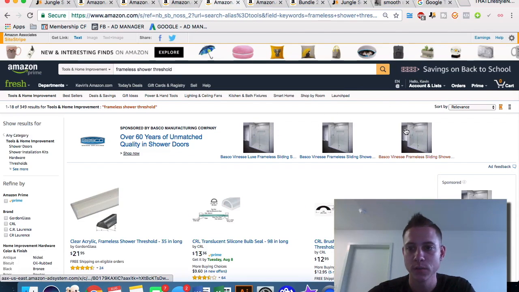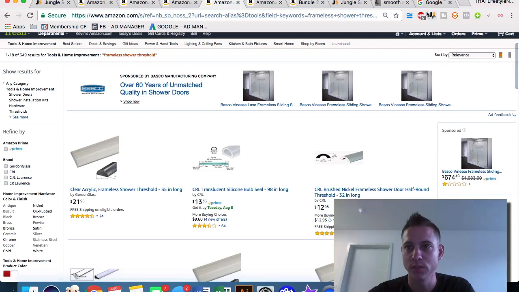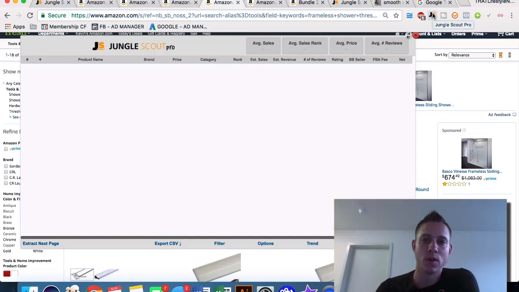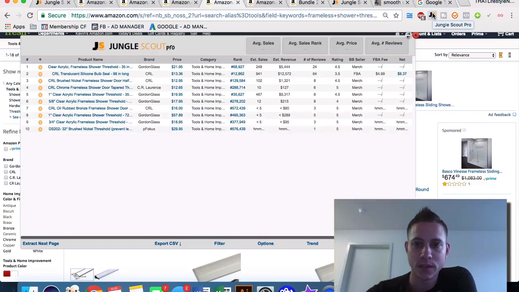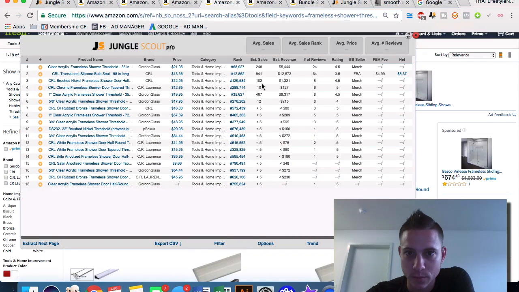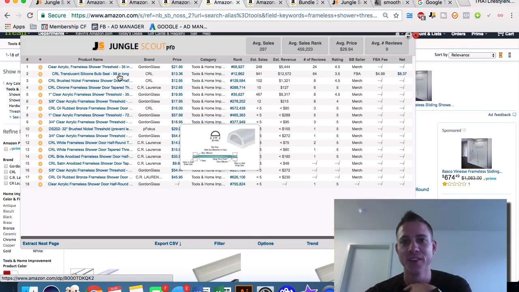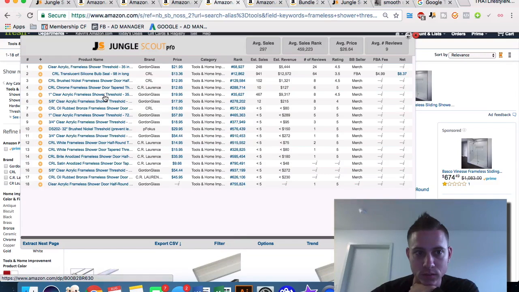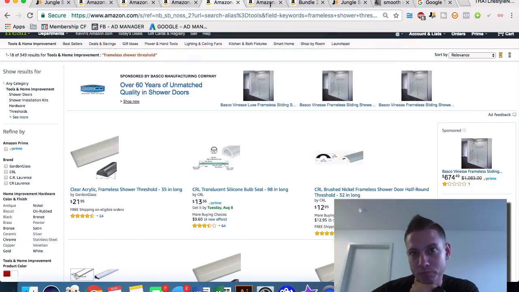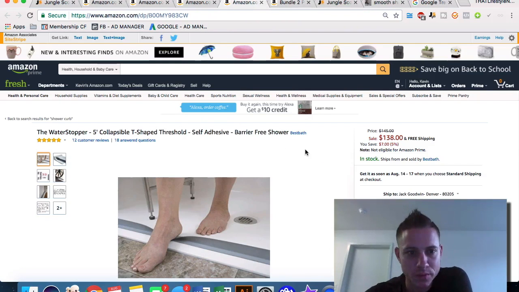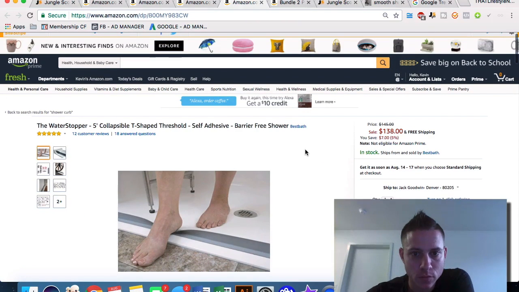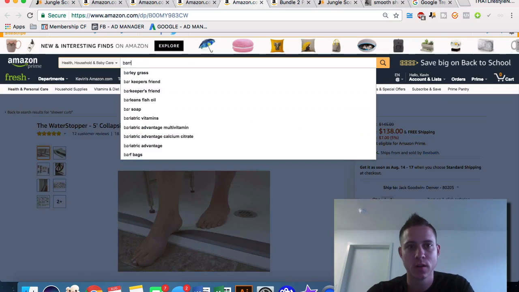So we have some PPC, as we can see here, which is always a good sign that people are spending money to get some clicks and that it's worth it for them in some way. So 12,000 in revenue with 64 reviews. Here's the same one we were looking at. So not hugely impressive here, but definitely something to always investigate. Barrier-free shower.